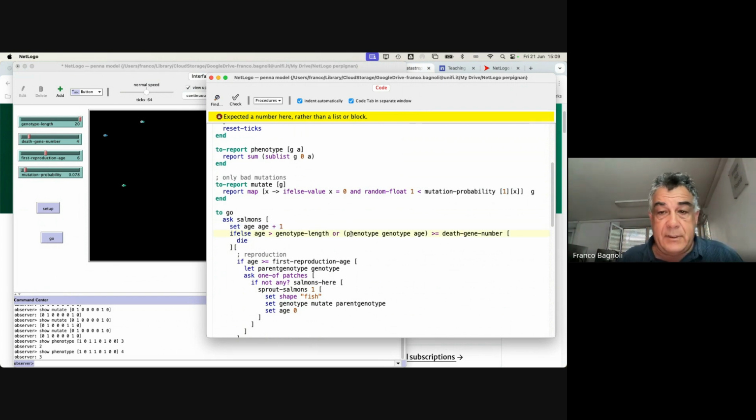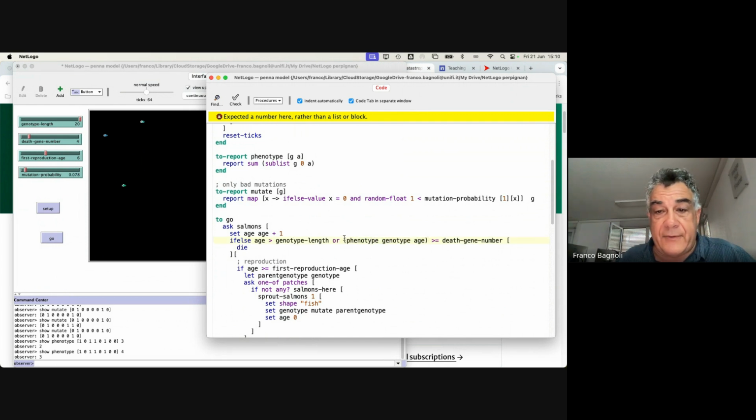If the age is greater than the genotype length, or this function that I shall show you in a moment, which counts the number of genes activated, is greater than this death gene number, they die.